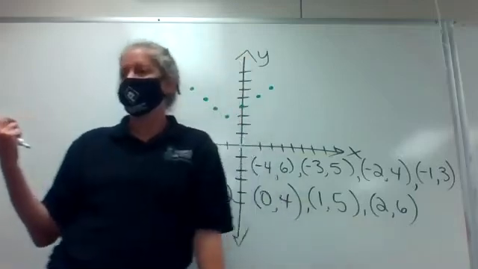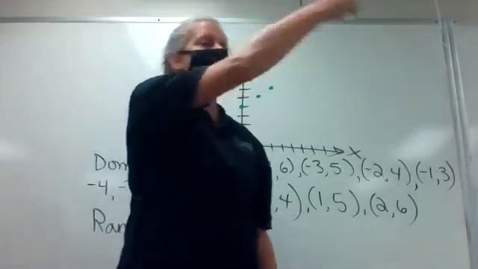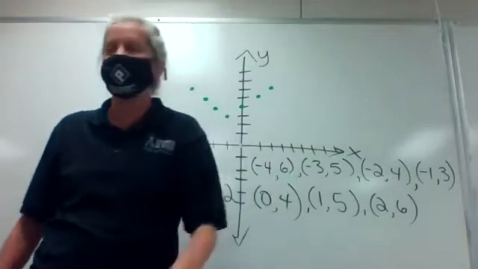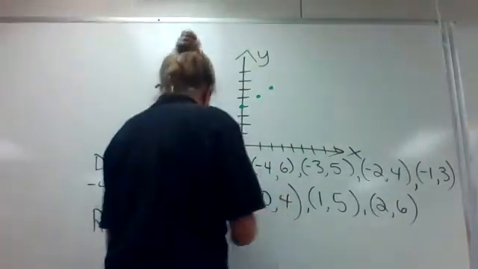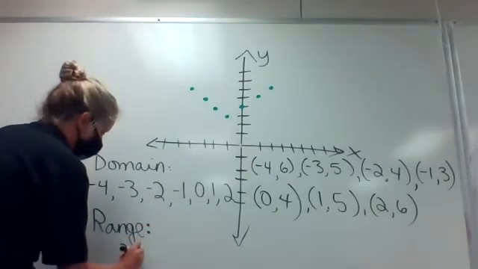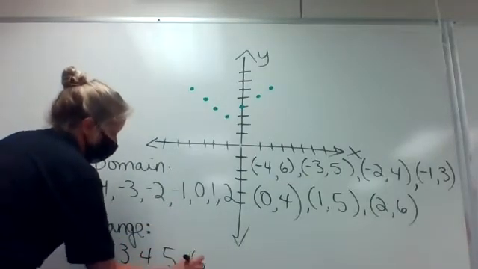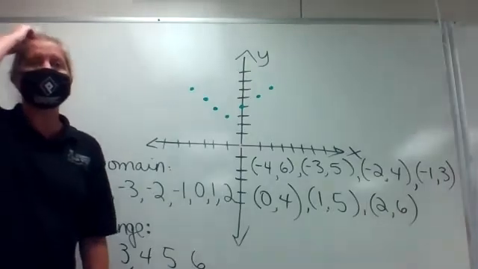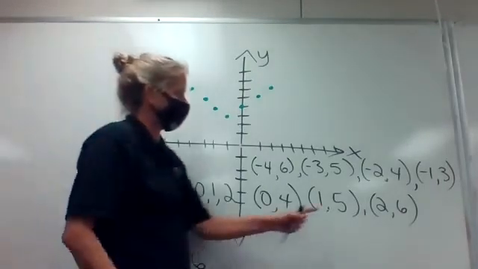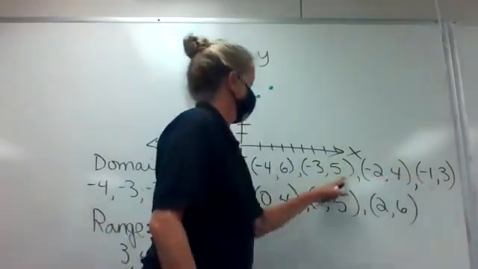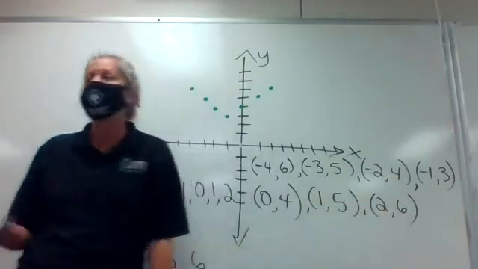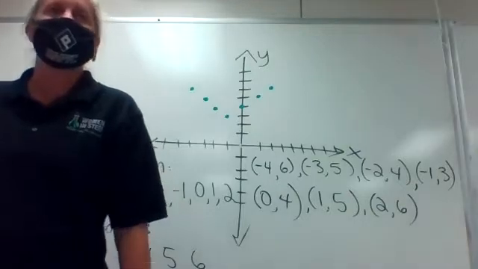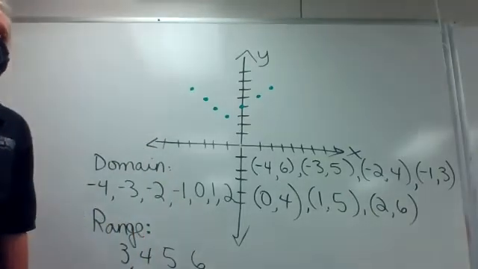I just need to write them once. If I'm writing my numbers from my range from the smallest to the largest, it doesn't necessarily tell you you have to do that. It'll just be 3, 4, 5, and 6, right? Those are all your y values that you see. That's why you have fewer numbers in your range than in your domain. You just had repeats in your range.